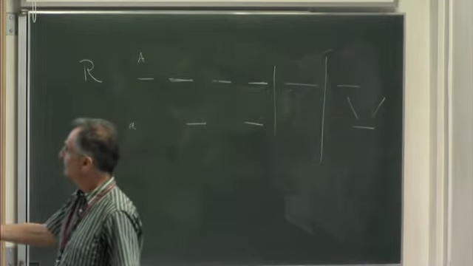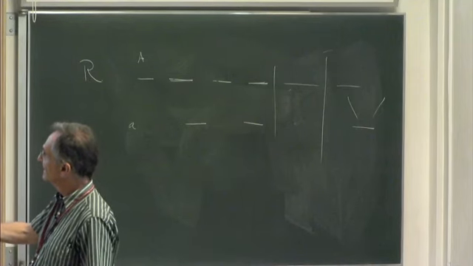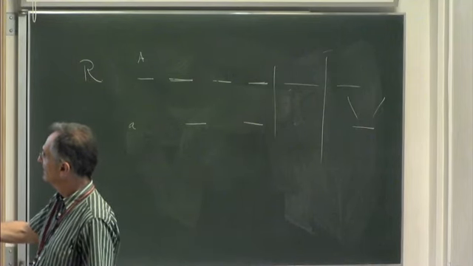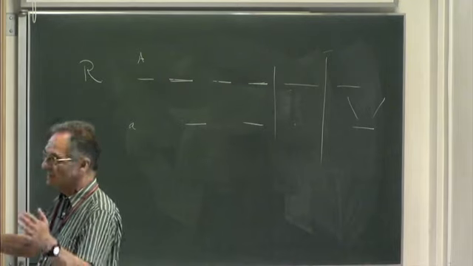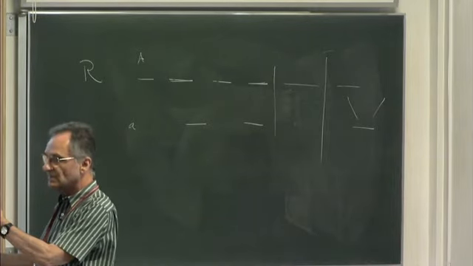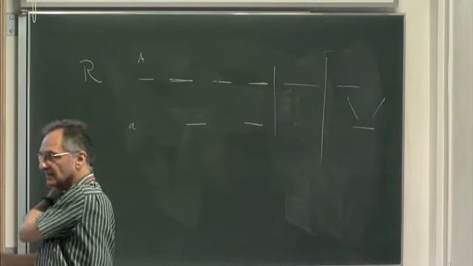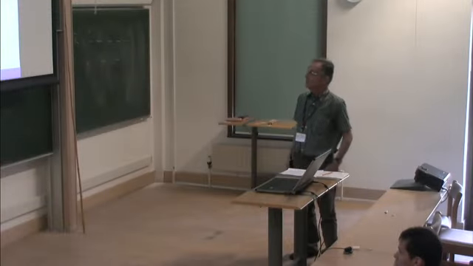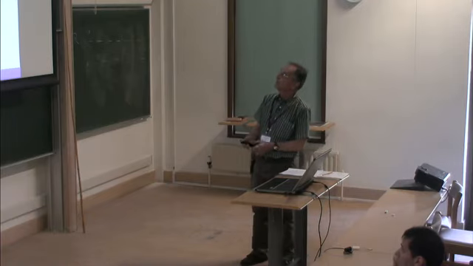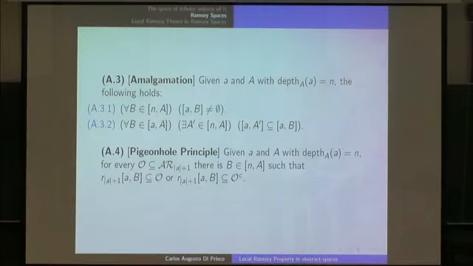And finally, when I say the basic set, I will use this to refer to the basic set obtained by looking at the nth approximation of A, and then the rest, and then the whole set A. With that notation, the other two axioms are the amalgamation axiom, which is also very natural.